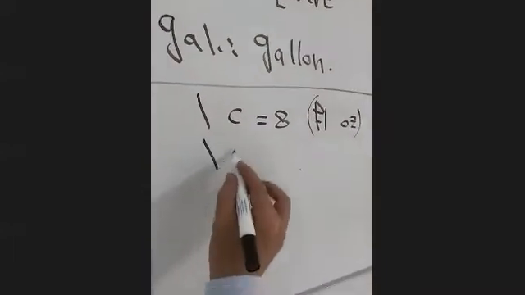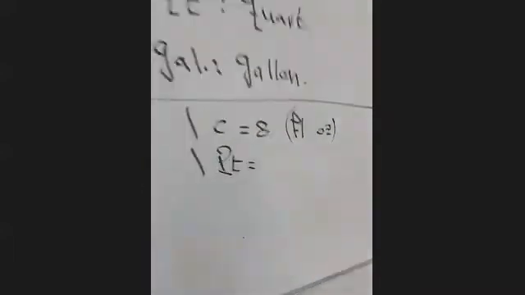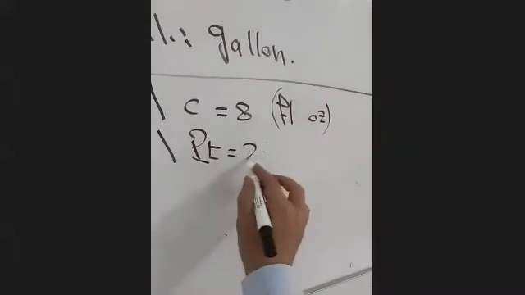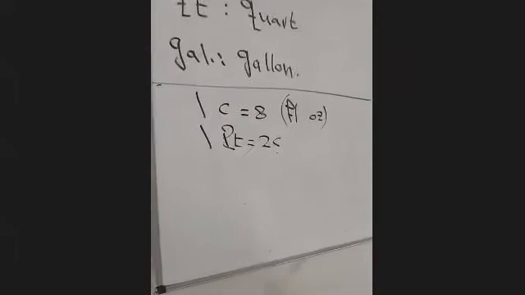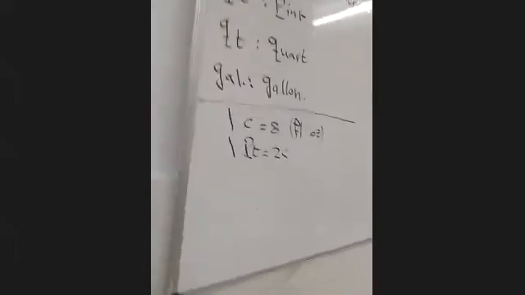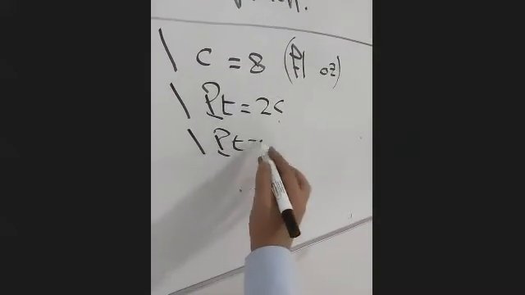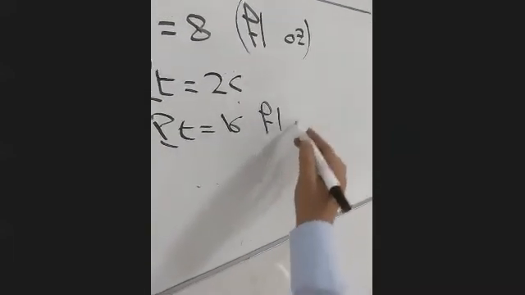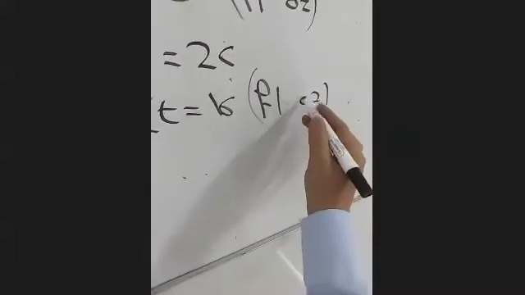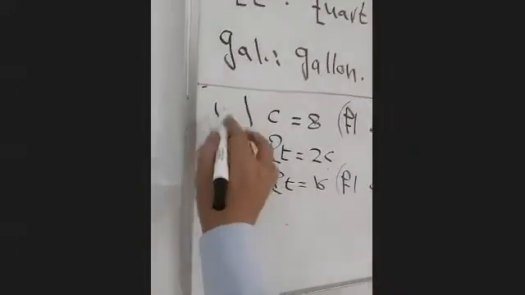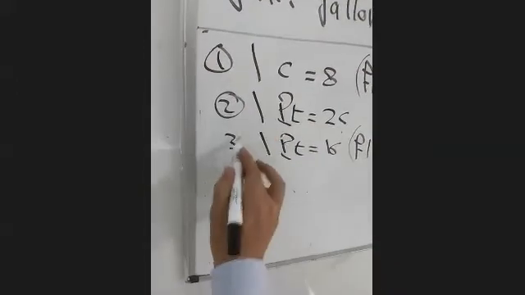The second one is 1 pint equals 2 C, or 16 fluid ounces. So here I will take it alone. 1 pint equals 16 fluid ounces. This is number 1, this is number 2, this is number 3.